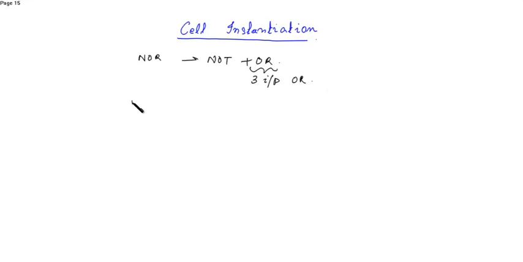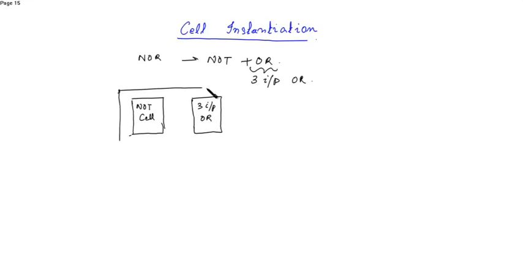So if you have the layout of 3 input OR gate, you need a NOT cell and then a 3 input OR gate cell. So if you have these two, you can construct it. That is, you have 3 inputs A, B, C, then an output Y, which will act as input.